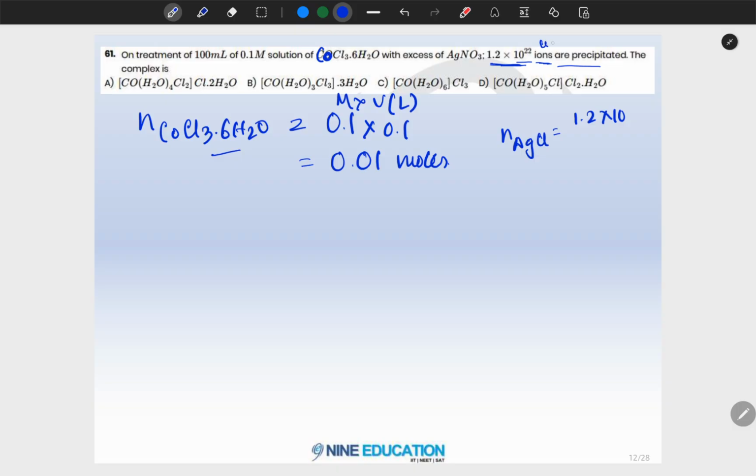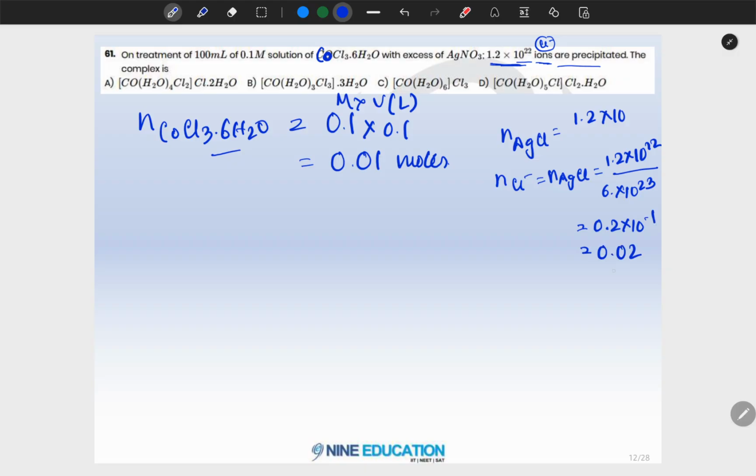So mainly they are considering Cl minus, how many Cl minus are getting precipitated. So number of moles of Cl minus must be equal to number of moles of AgCl. So this will be equal to 1.2 × 10^22 by Avogadro's number, 6 × 10^23. So we are getting this value to be 0.2 × 10^-1.